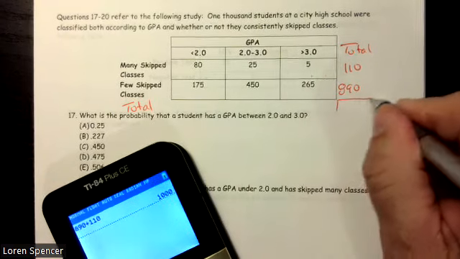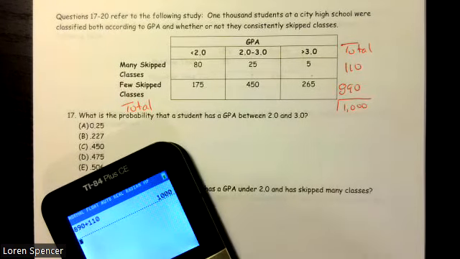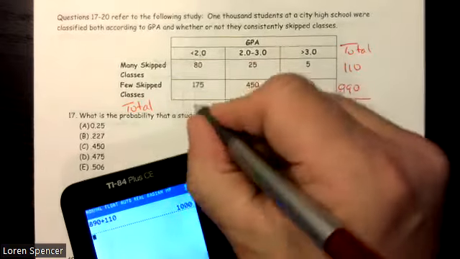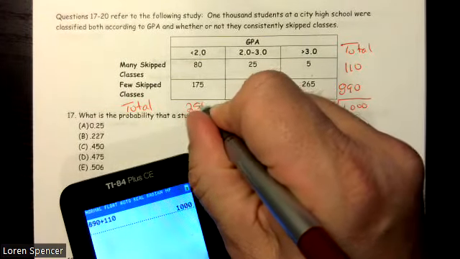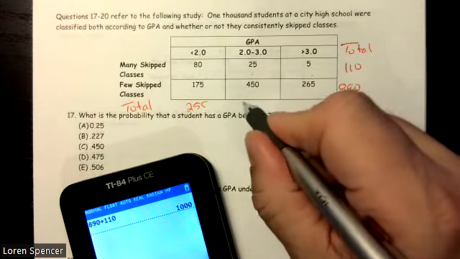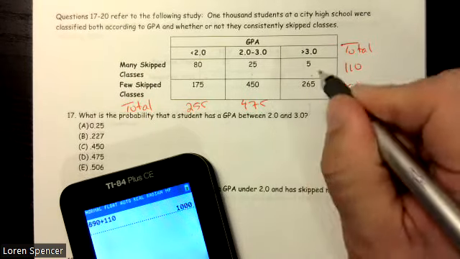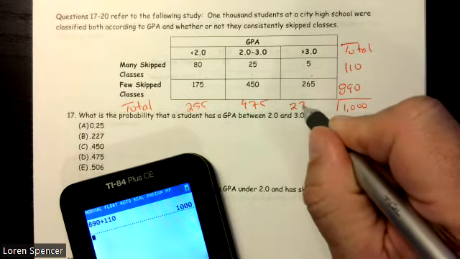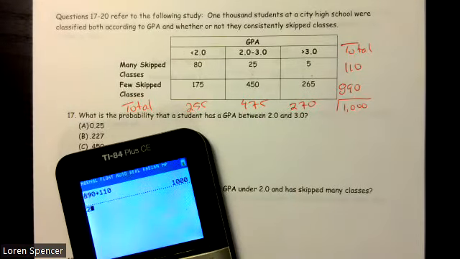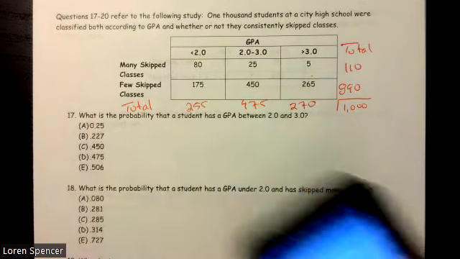So this summed up to be 1,000. Then 80 plus 175 is 255. This is 475. And this sums up to 270. And let's make sure I didn't make an error. 255 plus 475 plus 270 is 1,000. So that summed up.